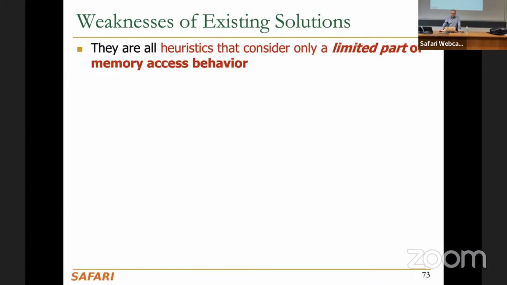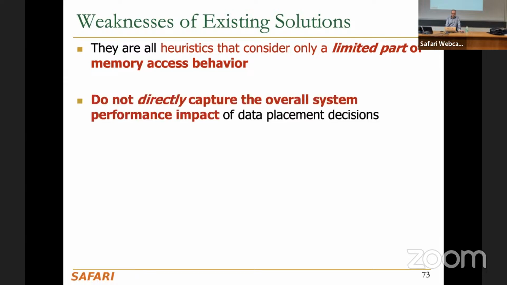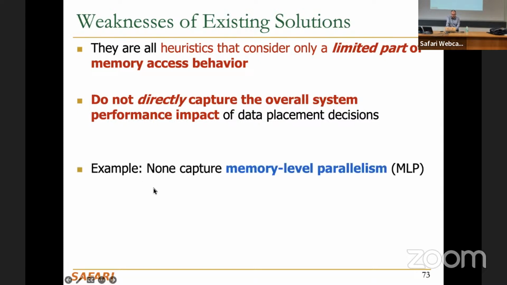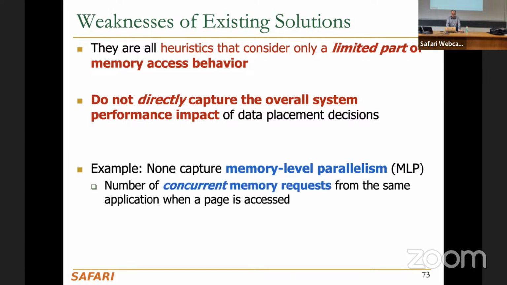Okay, so there are some weaknesses of existing solutions. They are all heuristics that consider only a limited part of the memory access behavior and do not directly capture the overall system performance impact of data placement decisions. Since we don't have enough time, I'm going to skip these slides and just give you some idea about it.